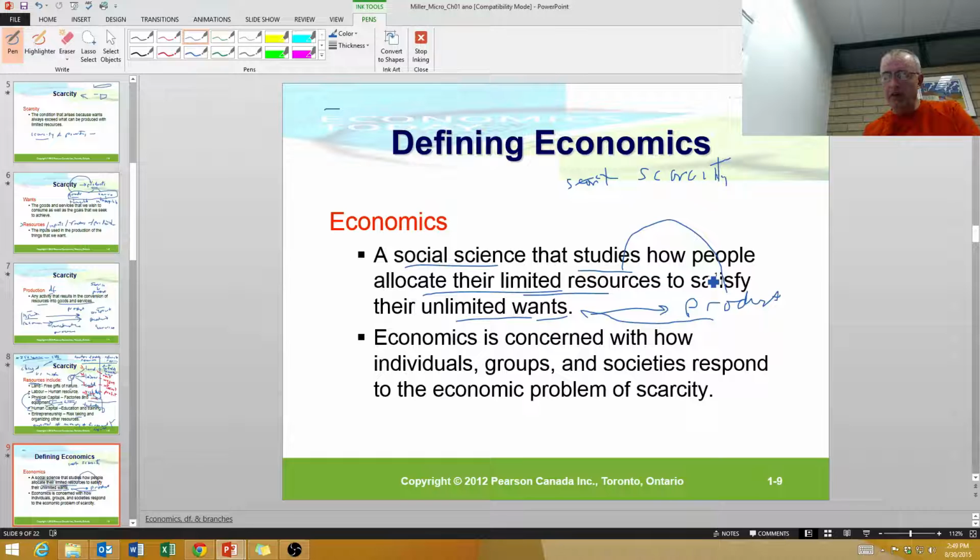We have to have ways to allocate our resources to decide which goods, which products, and in what quantity. That's what economics studies: the allocation of limited resources under the condition of scarcity to satisfy our unlimited wants. And when we speak about unlimited, we don't mean any particular person. We're talking about society as a whole.